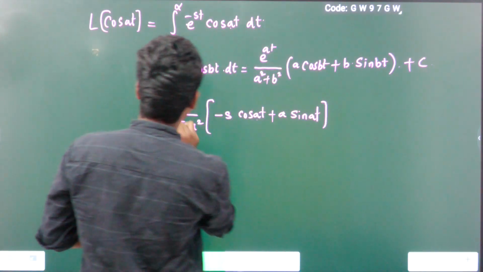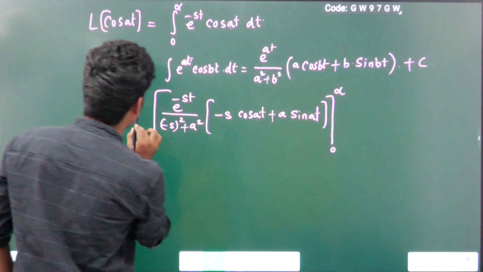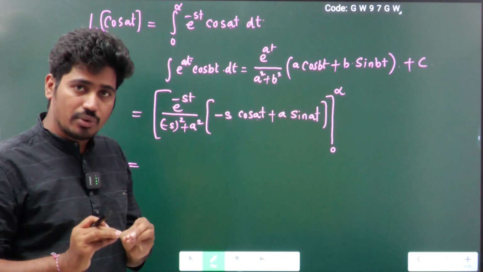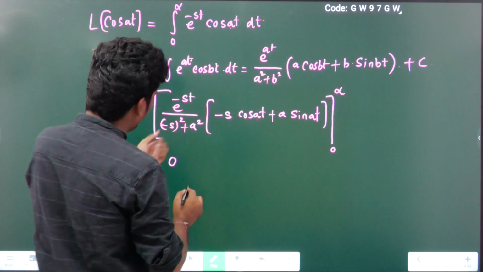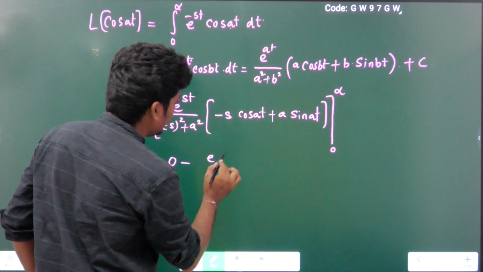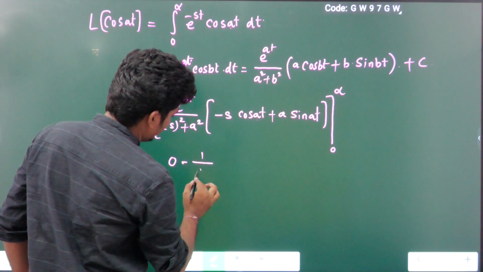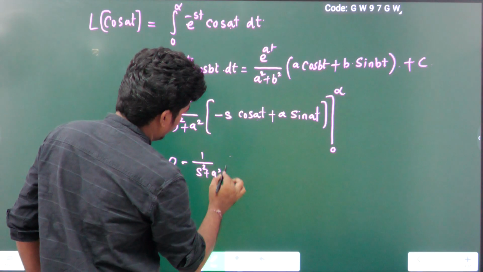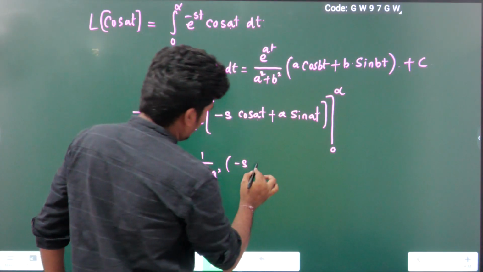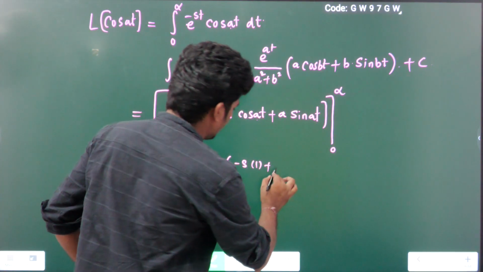Substituting the upper and lower limits, the infinity part is 0, minus e power 0, which is 1, by s square plus a square, into minus s into cos 0, which is 1, plus a into sin 0, which is 0.